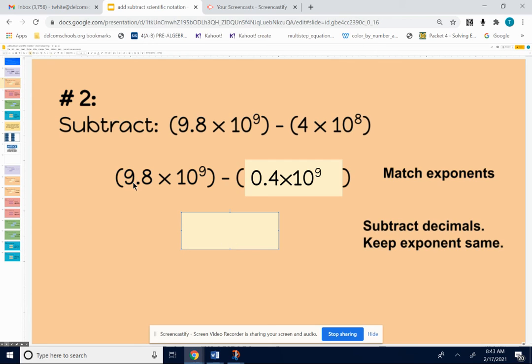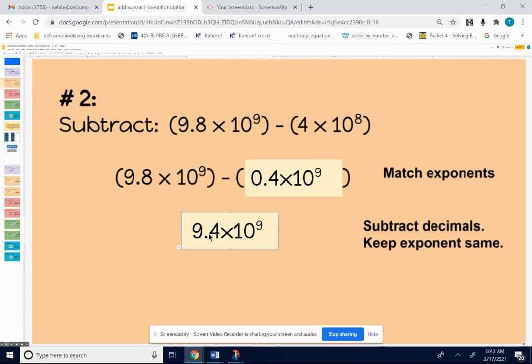All I need to do is take 9.8 minus 0.4. On paper, probably you want to line up your decimal points. So 0.4 right underneath the other decimal point, you would have 9.4 times 10 to the 9th.